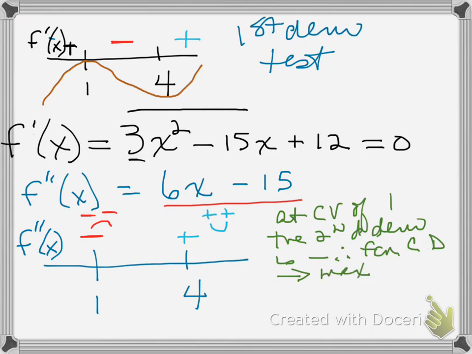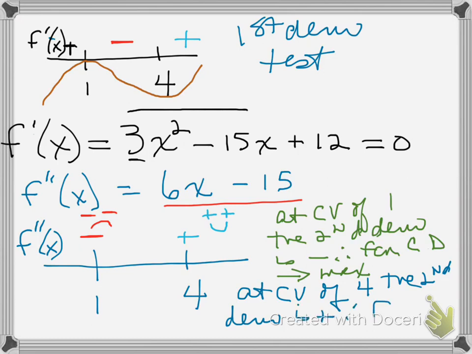Okay, so that's your first value. Then do the second one. At a critical value of 4, the second derivative is positive, therefore the function is concave up, and that leads to a minimum.